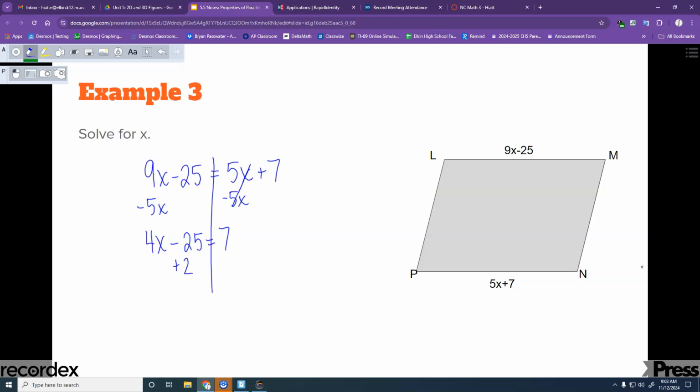Very good. And that's going to give me 32. And last step, Alex. Very good. We'll divide, and x equals 8.